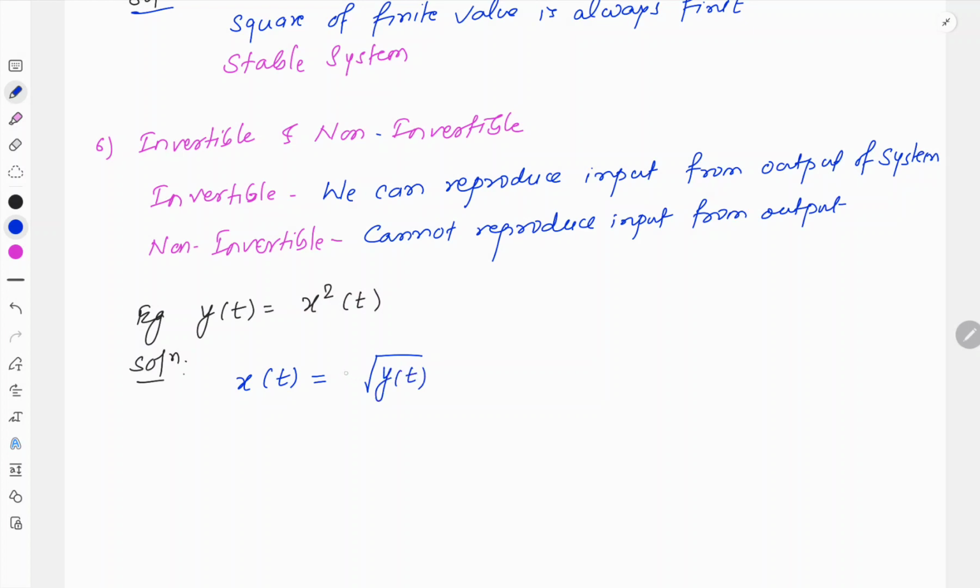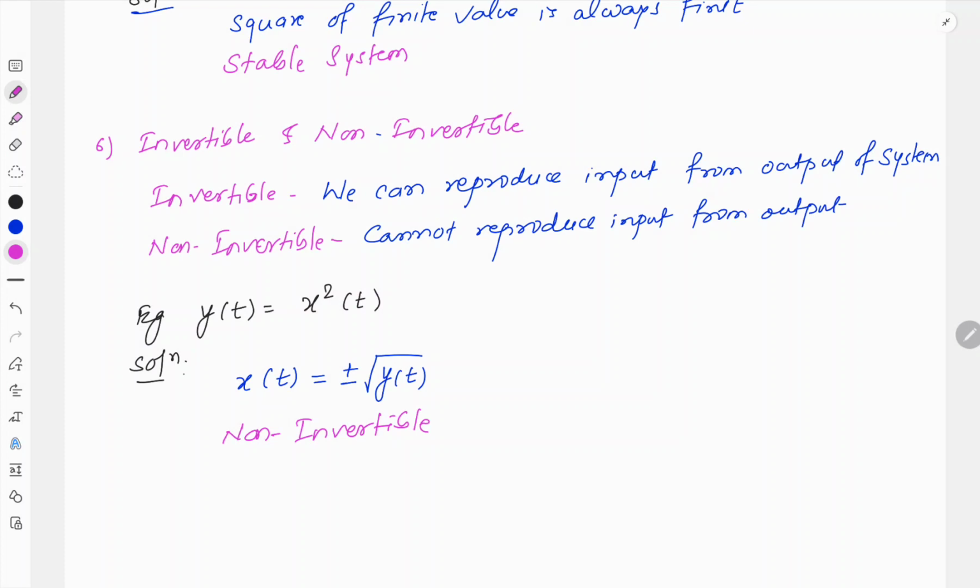But in this case, the root of y of t will have the sign plus or minus, because we don't know if x was negative or positive: if x is negative, its square will be positive, and if x is positive, its square will be positive again. So for a square function, to find x we need to take its square root, and we do not know the sign. It may be plus or it may be minus. Therefore, this system is said to be non-invertible.